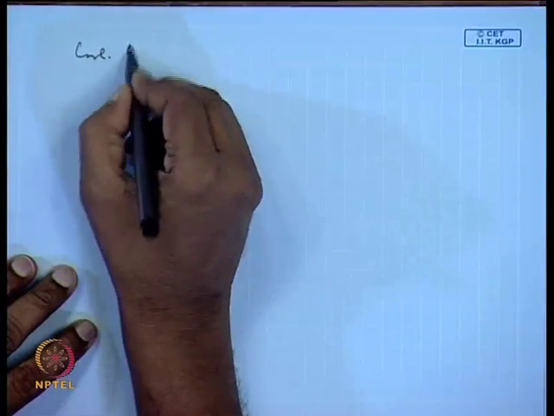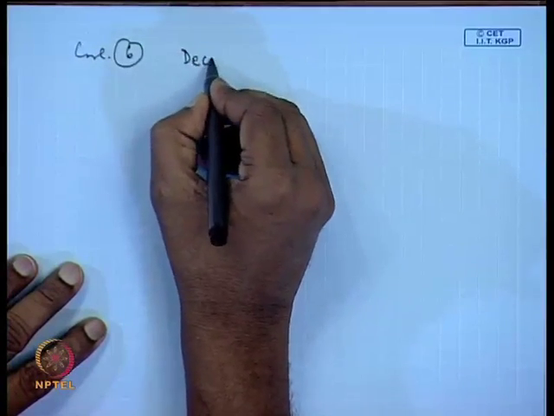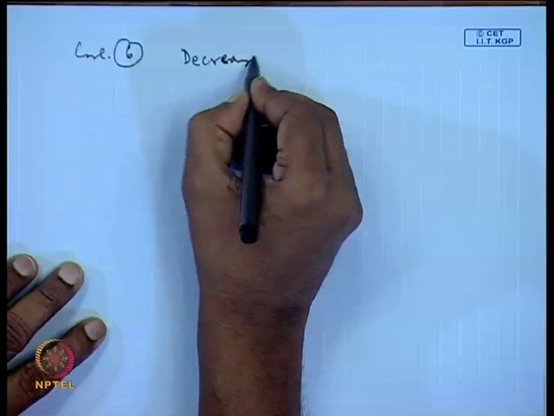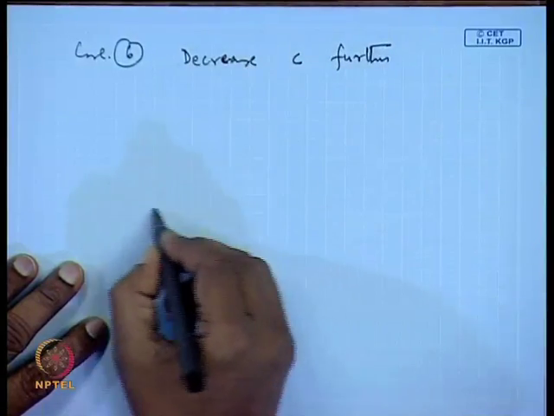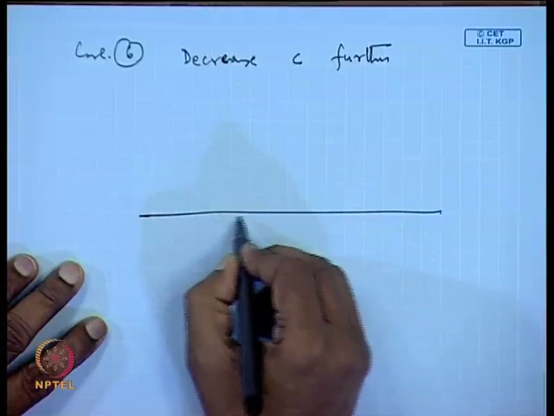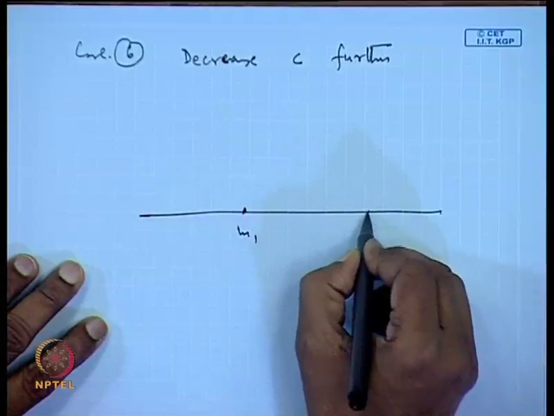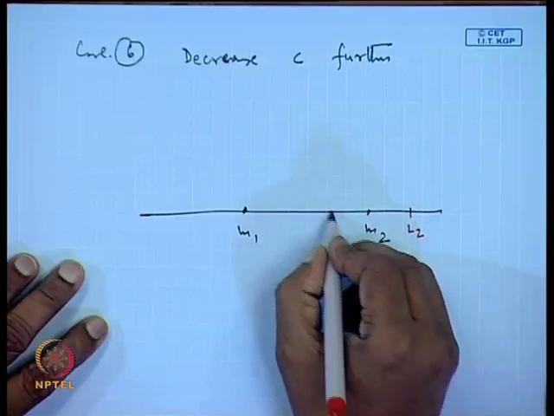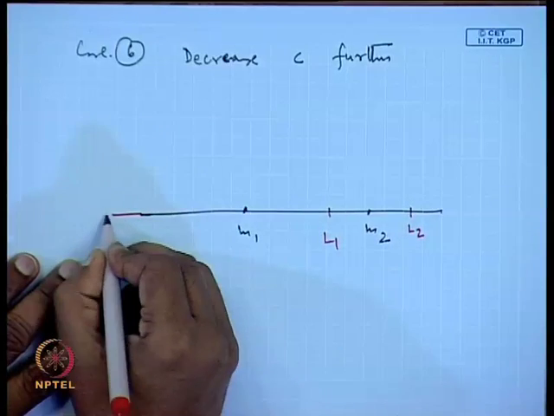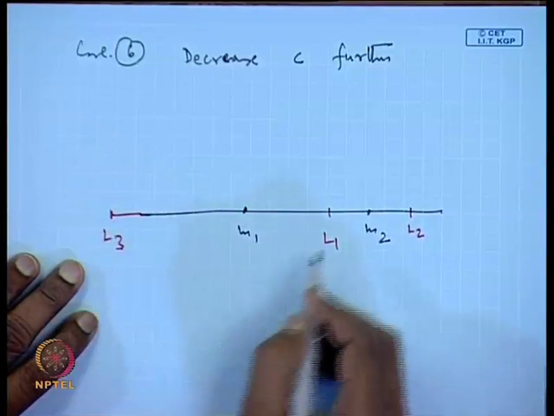Finally, case 6, if you decrease the value of C further, what you will see is M1, M2, point L2 is here, L1 is here and L3 is lying here in this place.